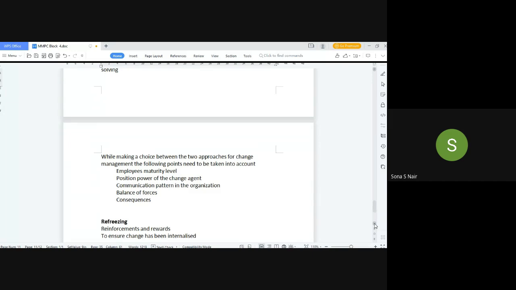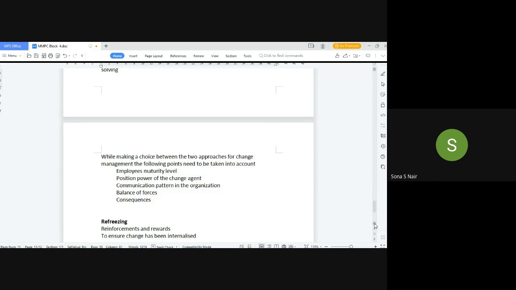Balance of forces and consequences also need to be considered. What kind of power equations are there in the organization? They need to be considered before embarking on the change process.